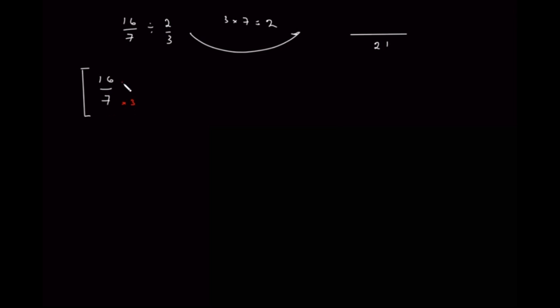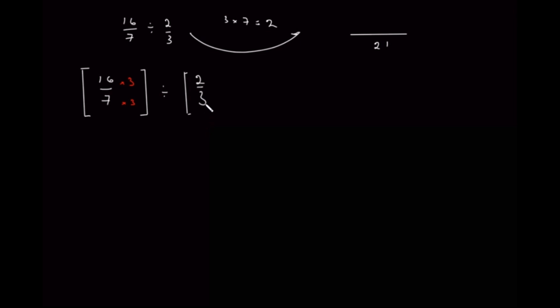Multiply the bottom by 3, I have to multiply the top by 3. Okay, so that has done that one there. There's the divide, and we come down here and we have our 2/3.